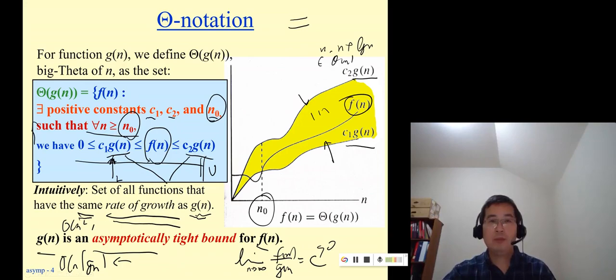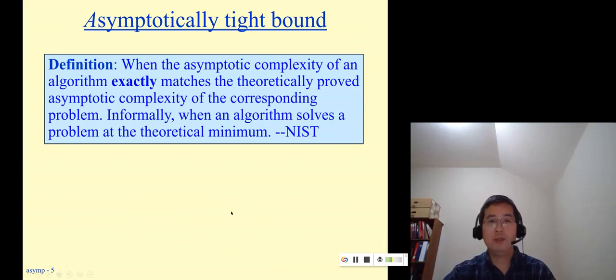This is the theta notation's definition, and then we have examples after, but we first give more explanations for the definition.